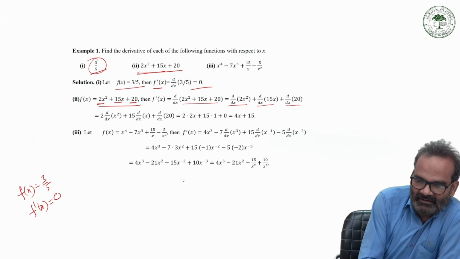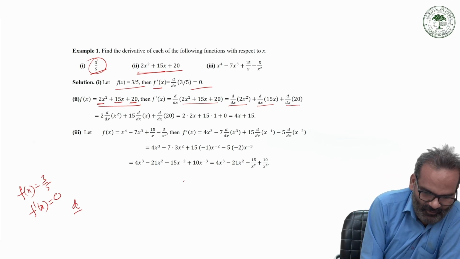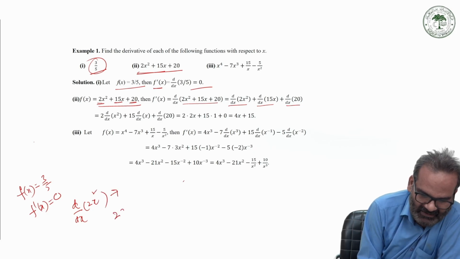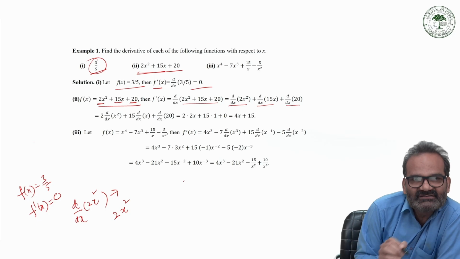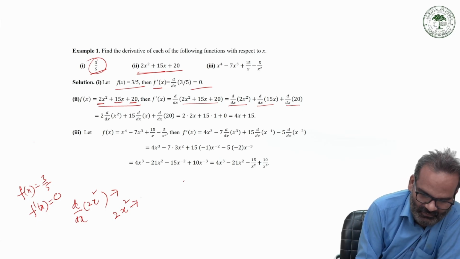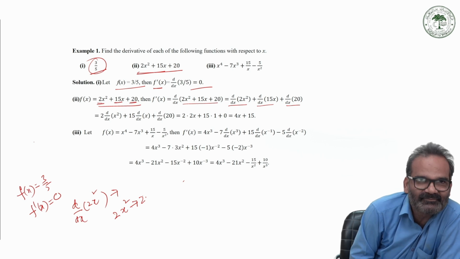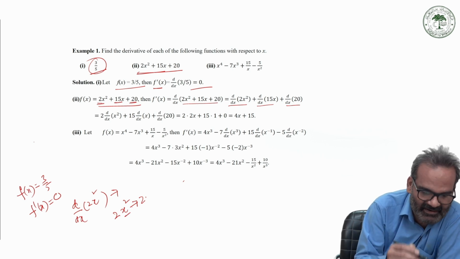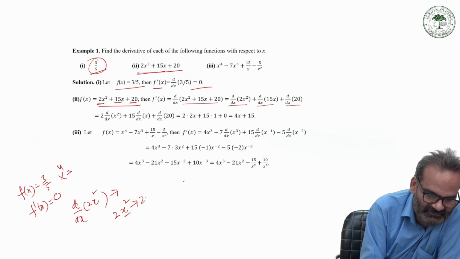Now look here, d upon dx of 2x square. Find its derivative. I have told you, in 2x square the number 2 is multiplied with x square. x square is a variable, so its derivative will be what? 2 will remain as it is, and the derivative of x square by using the formula of x raised to the power n, which is n x power n minus 1.